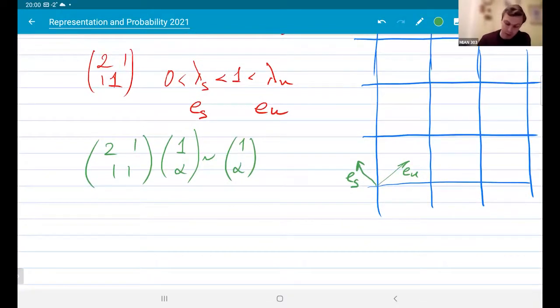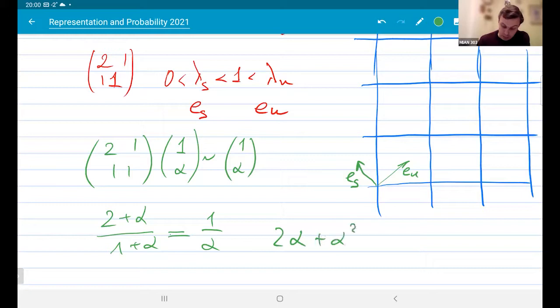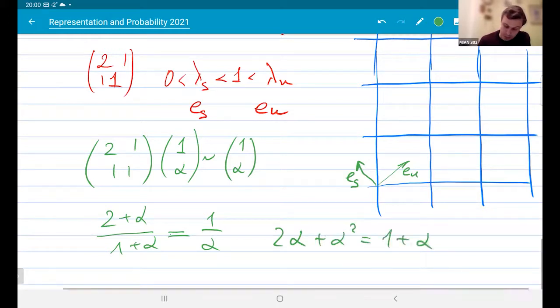Then you have 2 plus alpha equal to 1 over alpha, which means that 2 alpha plus alpha squared equals this.